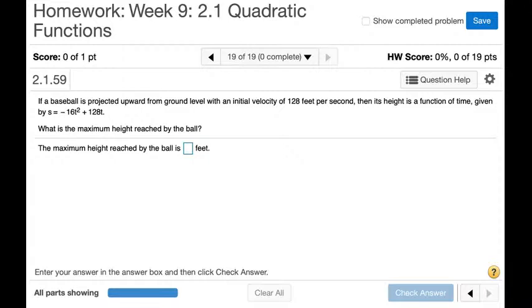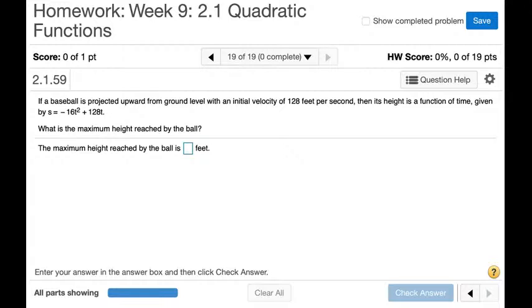The leading coefficient is negative, which means it opens downward. So the maximum height is going to occur at the vertex, and we can use the vertex formula to find the maximum height.